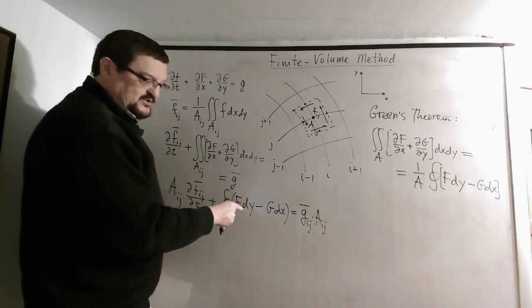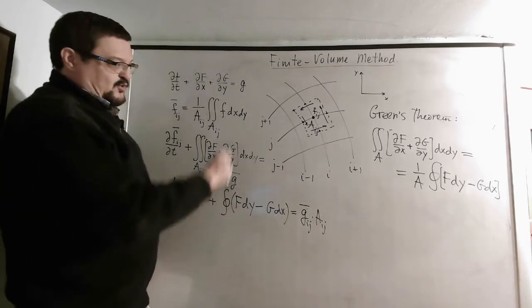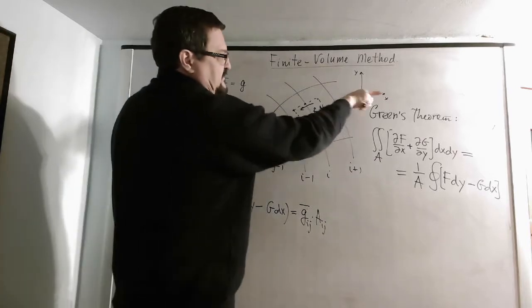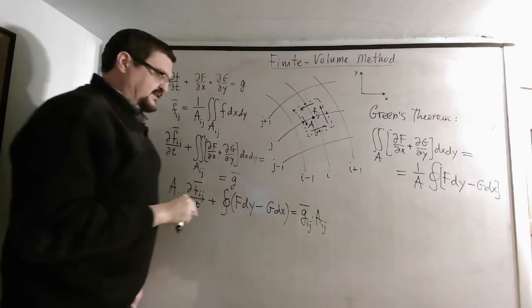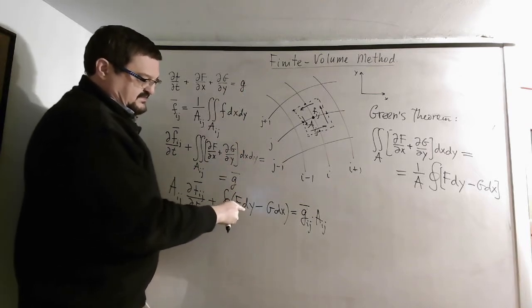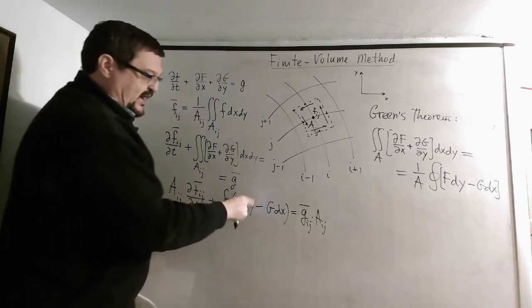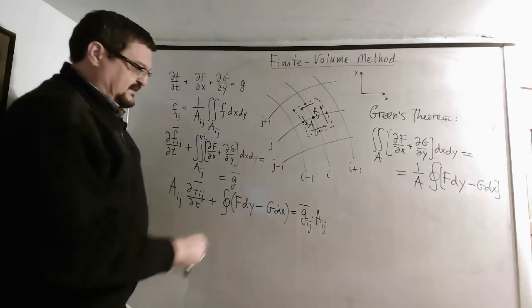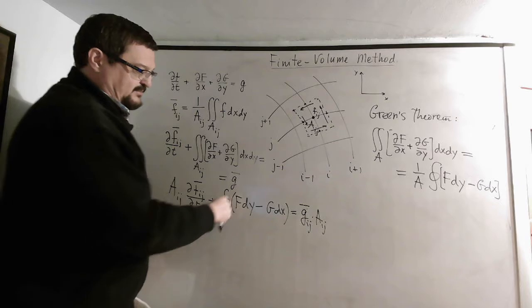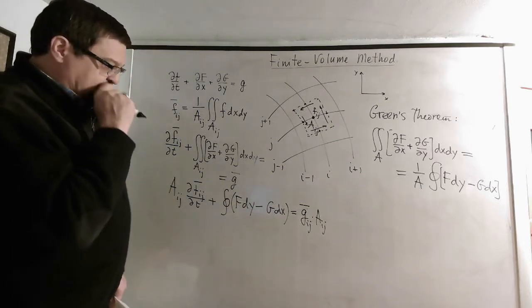X, when you compute dy, may also change. Only on a grid in the same direction as your coordinate system axes, dy is taken at constant x and dx is taken at constant y, but here they're actually changing.